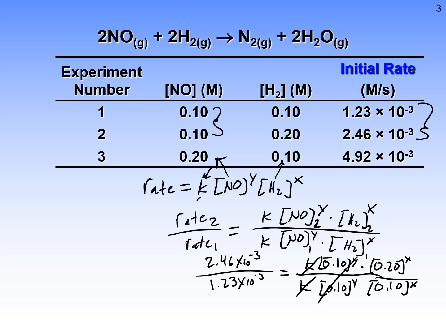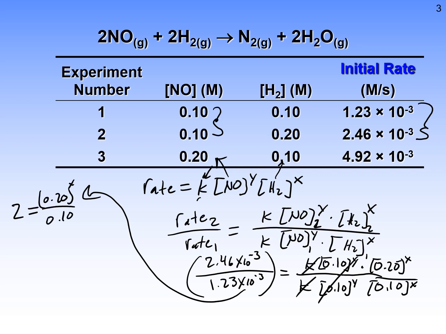So effectively, if we divide these 2 values here, you get 2, exactly, is equal to 0.2 to the power of X over 0.1 to the power of X. Since we're taking them to the same exponent, we can factor this out and say 2 is equal to 0.2 divided by 0.1 all to the power of X. At the end of the day, this means 2 is equal to 2 to the power of X. X can only be one value if they're equal numbers. This tells me that X has to be equal to 1.